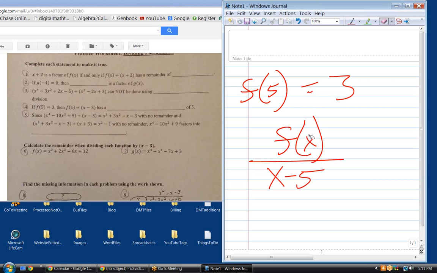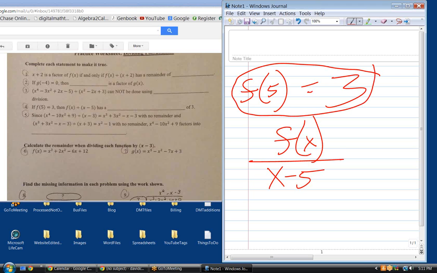If I knew what that polynomial was, it would not be evenly divisible by x minus 5. And I know because if it would be, then that would have to be 0, based on the zero remainder theorem. Well, this is telling me that there is a remainder of 3. When I evaluate the original polynomial at 5, I get a remainder of 3. Okay. Okay?